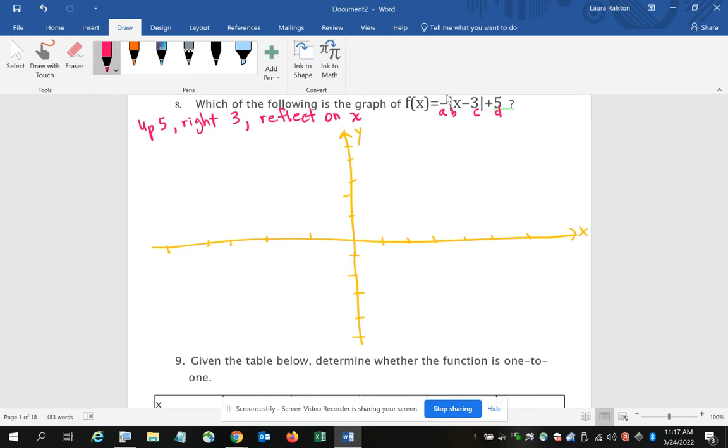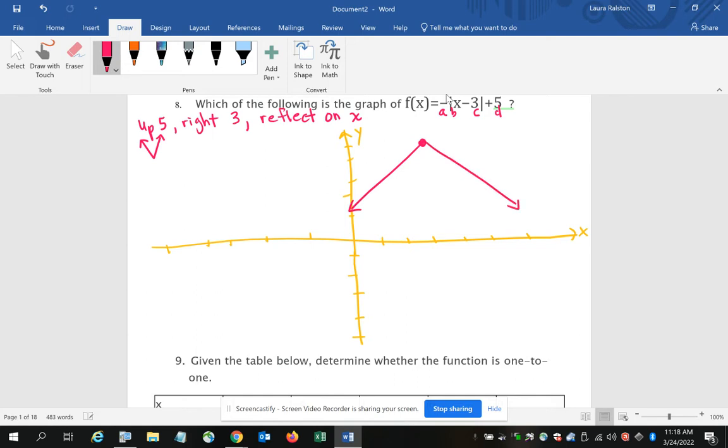And it's a V shape because absolute value is a V shape, which normally starts at 0, 0. So we're going to go right 3, up 5, and then it's going to be flipped over.